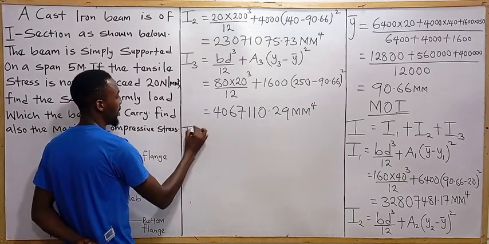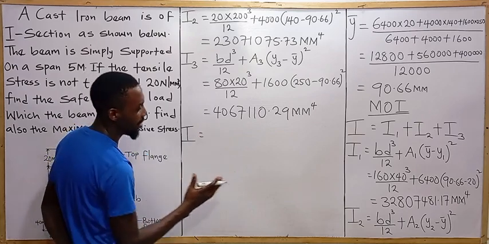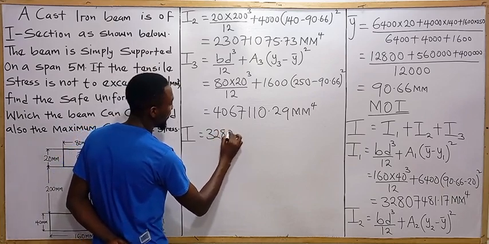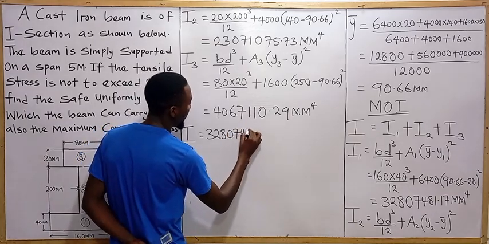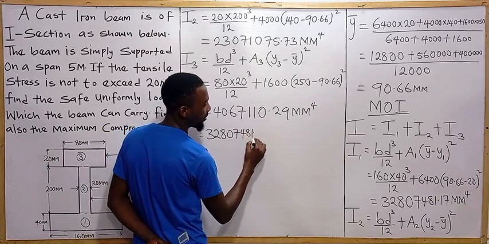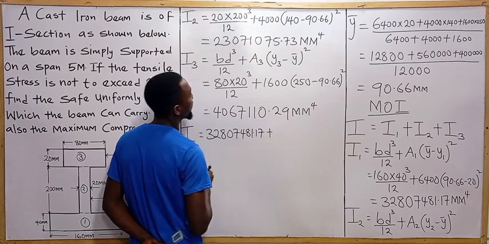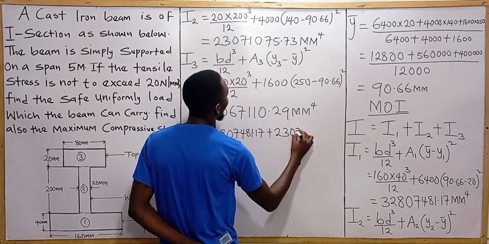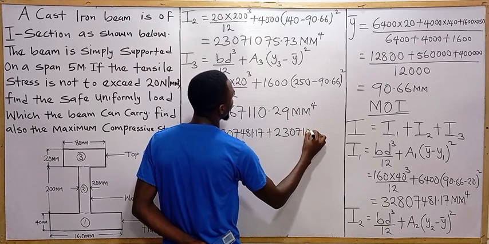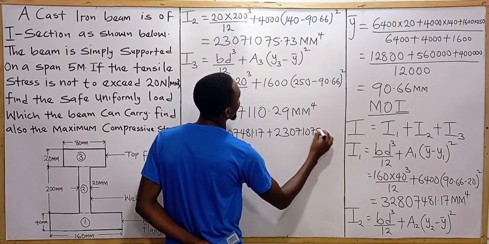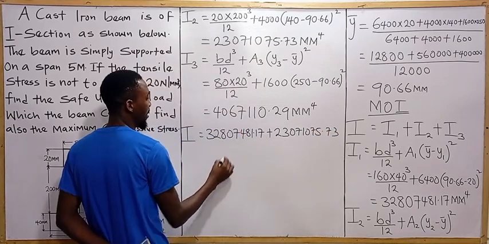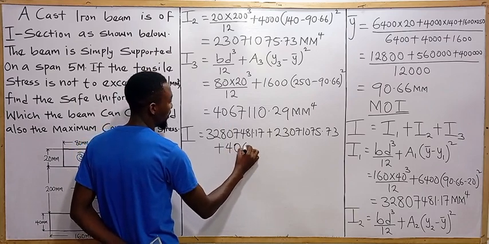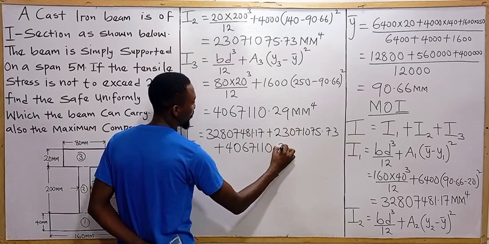It shows that our moment of inertia will be equals to I1, and our I1 is 32807481.17, plus our I2, which is 23071075.73, then plus I3, which is 4067110.29.